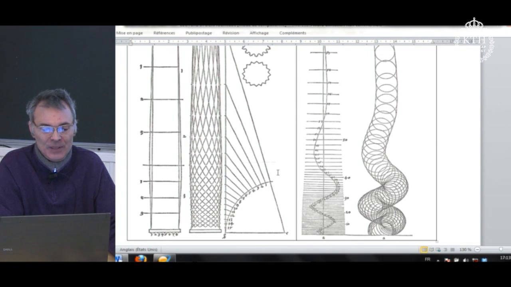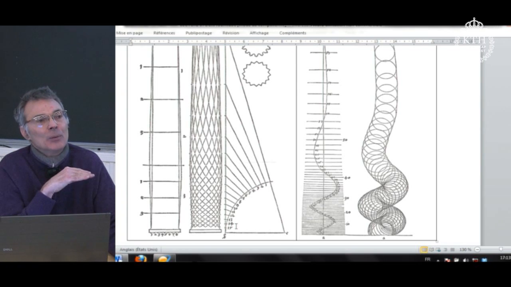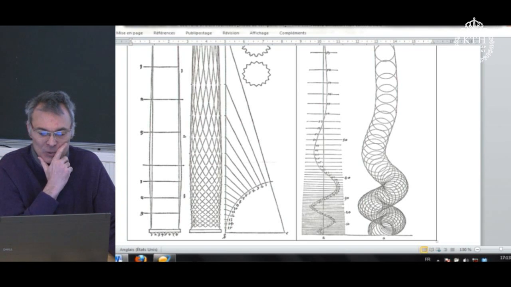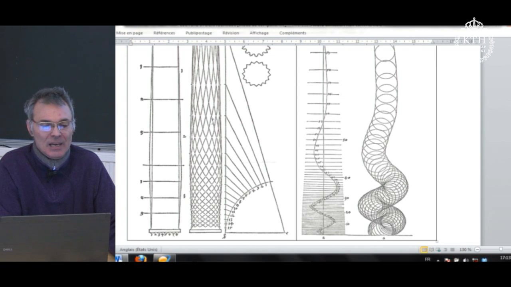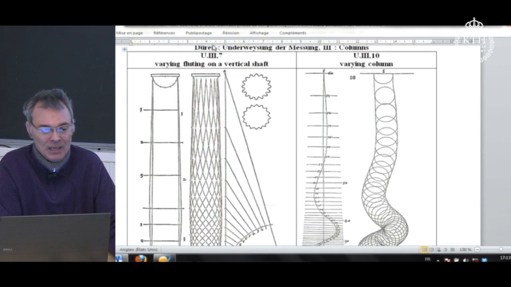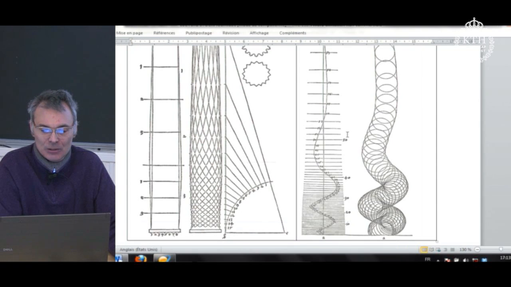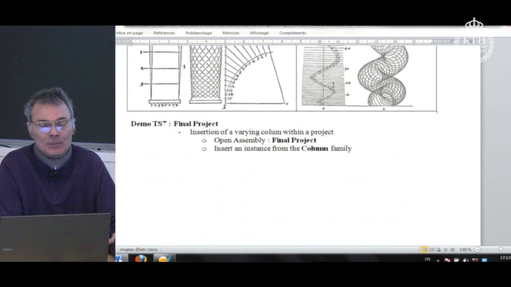So this spiral, and here you recognize this device of the optical diagram. You see it used to have spiraling fluting along a vertical shaft, and here you see it used for a spiraling column that is actually much more complex than the one that Bernini will build for the baldacchino of St. Peter.